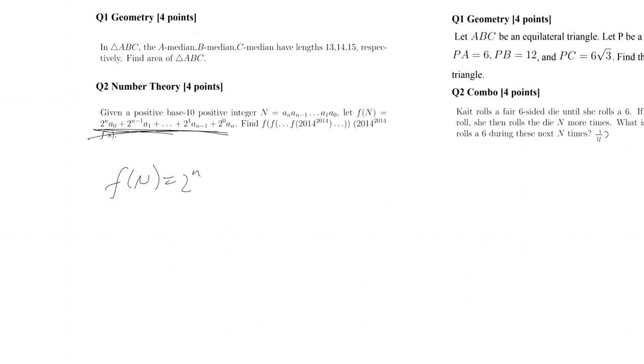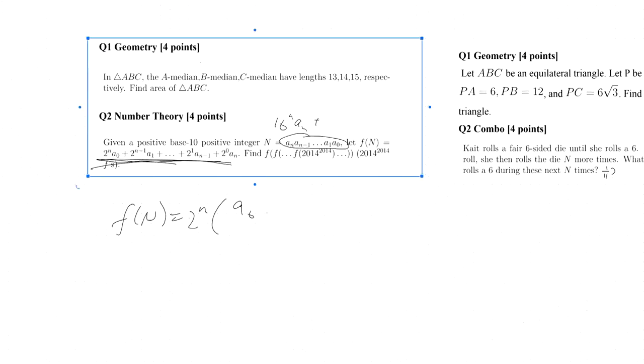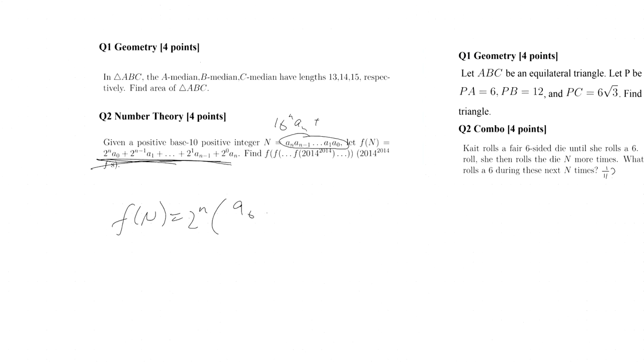And so this is a0 times 10 to the power of n plus 10 to the power of n minus 1, an minus 1, and stuff like that.